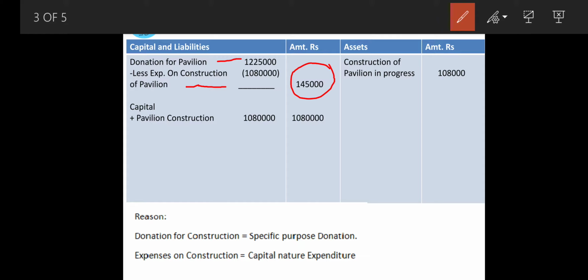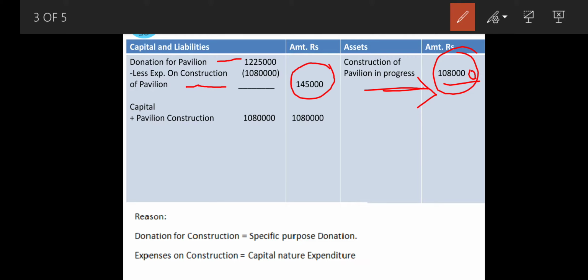Now we have prepared this pavilion. So pavilion is an asset. Whatever work is done, that is termed as an asset. So we have to transfer that to the asset side: construction of pavilion in progress, 10,80,000. So that will be shown on the asset side.